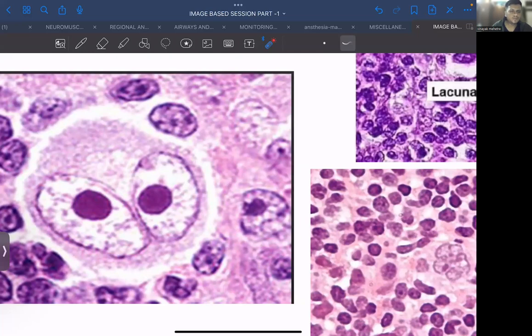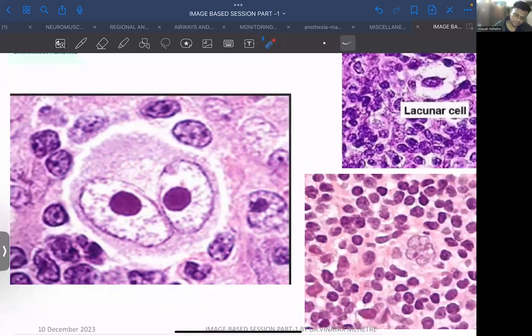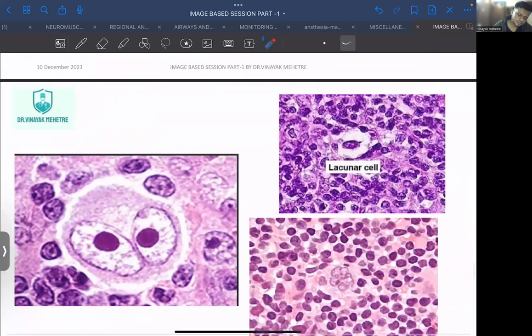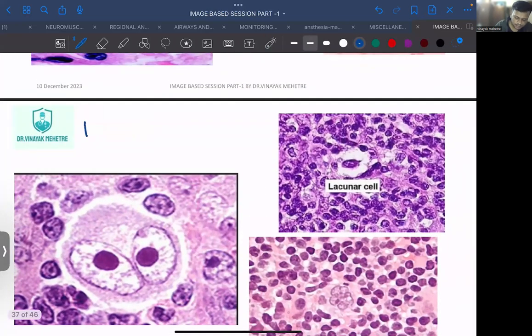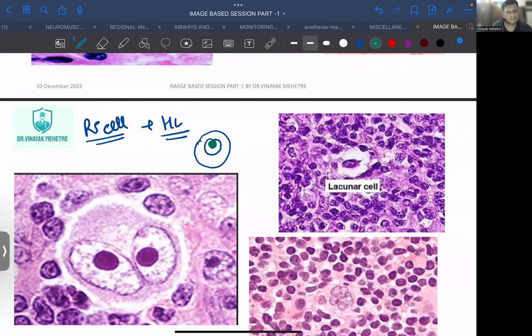Nucleus with only one dot. Answer is Reed-Sternberg cell. कहाँ मिलती है? It is seen in Hodgkin lymphoma. Okay, Hodgkin lymphoma. I will draw it for you. Remember, as I said. ठीक है? यही याद रखना है.